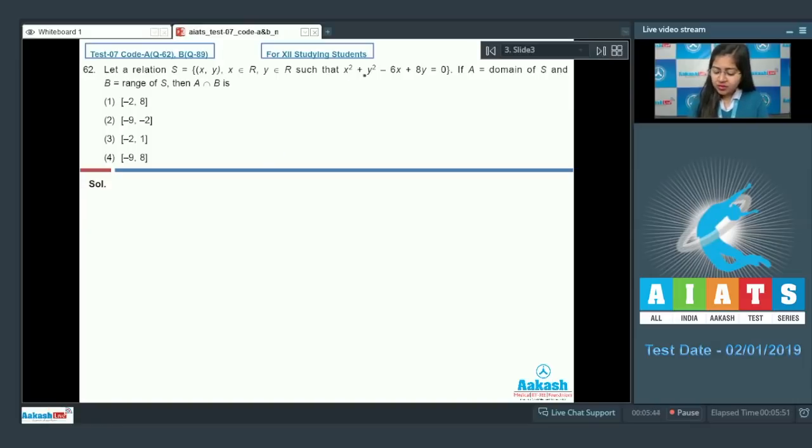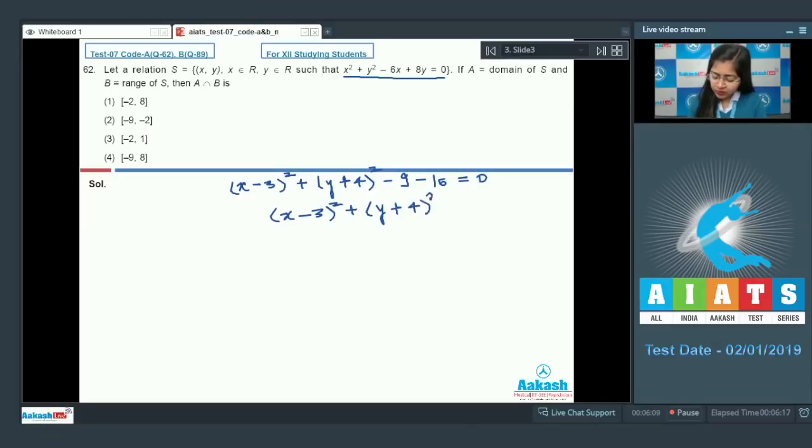Now here the given equation can be rewritten as (x minus 3) whole square plus (y plus 4) whole square. Here we have added 9 and 16, so we will subtract 9 minus 16 equal to 0. That is (x minus 3) whole square plus (y plus 4) whole square is equal to 5 square, right?